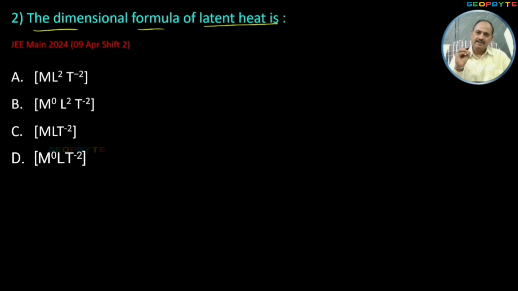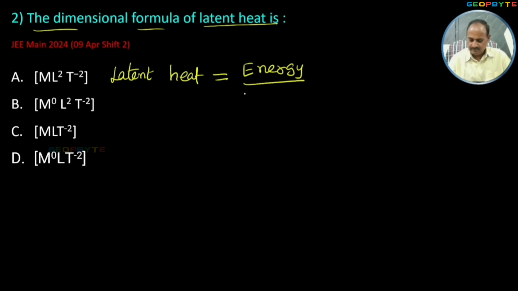You know, latent heat is a kind of energy per 1 kg mass of the material. Latent heat is equal to energy per unit mass. Now let us write the dimensional formula.